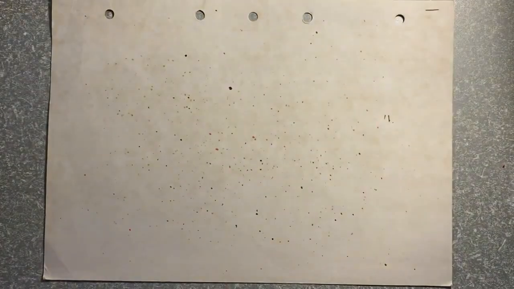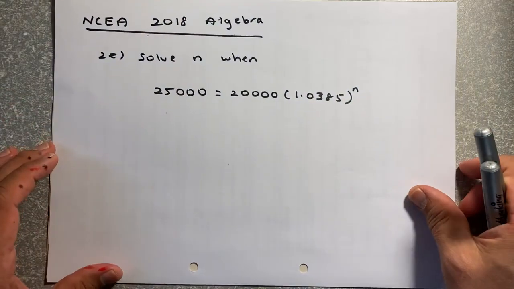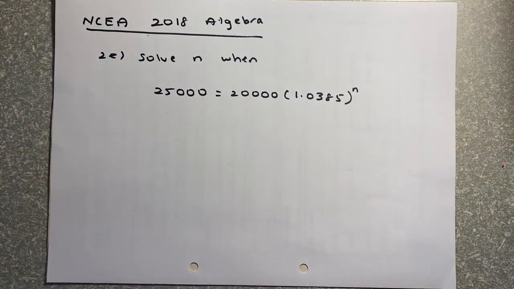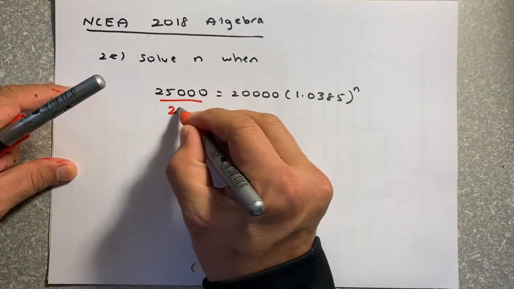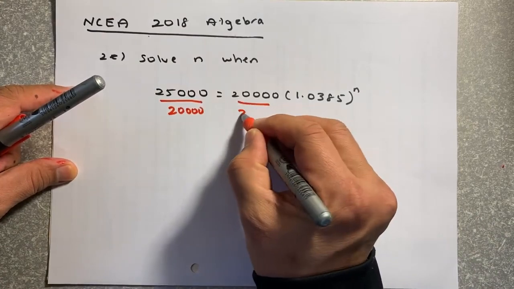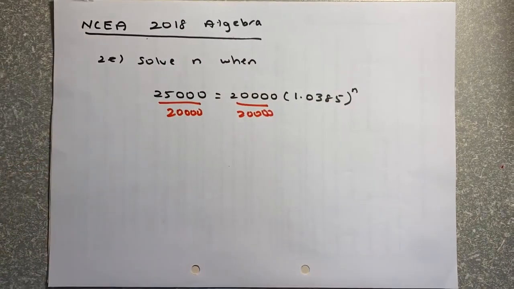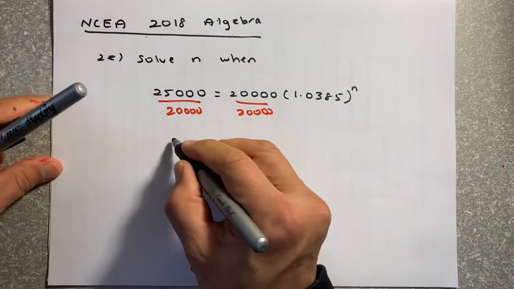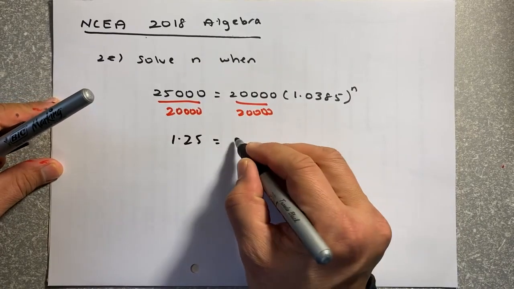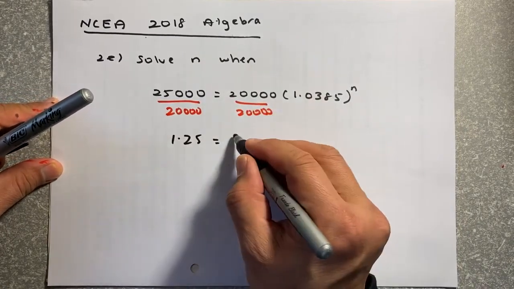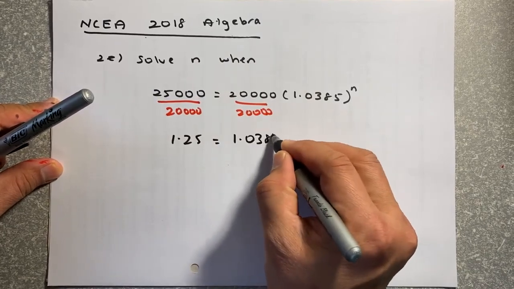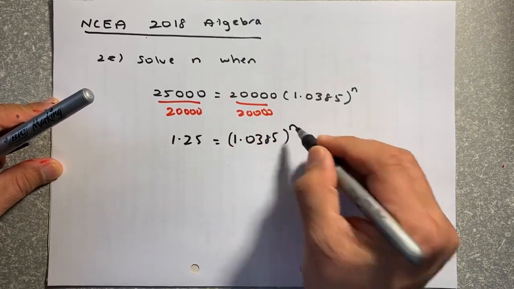Okay. And the last question is very similar. Suppose you have 25,000 equals 20,000 times 1.0385 to the power n. The first thing you do, you divide by 20,000 on both sides. So when you do that, that becomes 1.25 equals 1.0385 to the power of n.